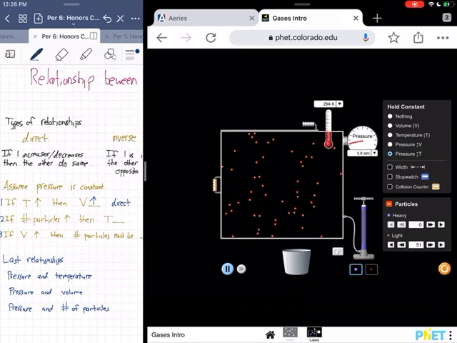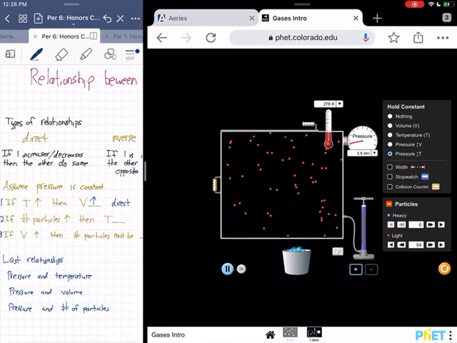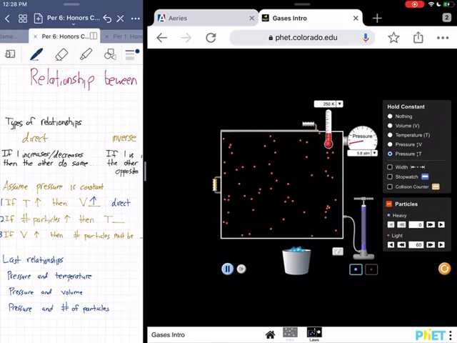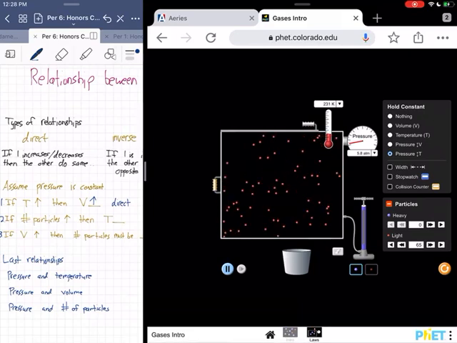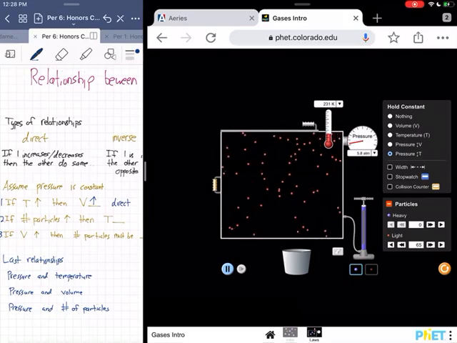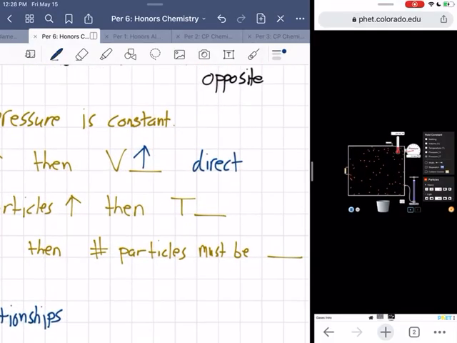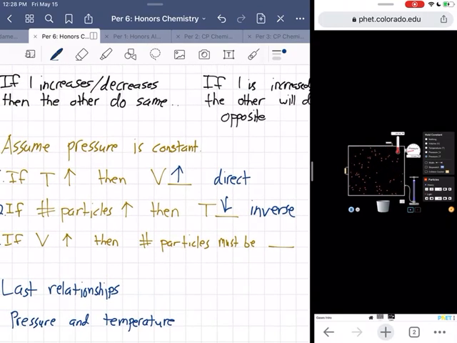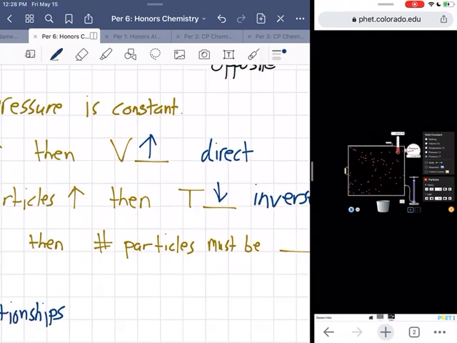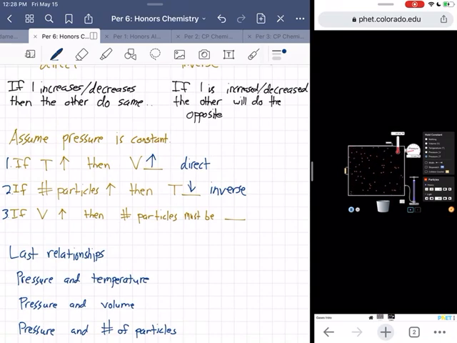You can see that my ice bucket just came up. It went from 300 Kelvin to 294 Kelvin. And I could keep adding these in and see that the temperature is going to keep going down. My ice bucket is still showing there. So therefore, we can see that this is an inverse relationship. If one particle is added, the temperature goes down. This is a downwards arrow, in case you can't tell. That is an inverse relationship.